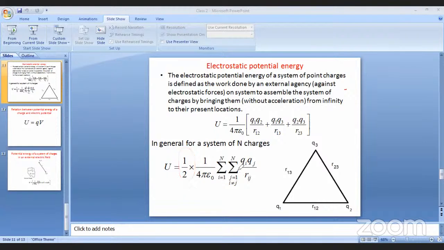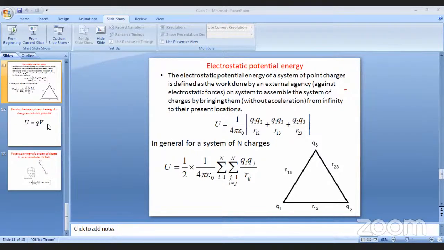Inside the summation you have Qi Qj by Rij. That is the general form, and this is the potential energy for a system of n point charges. All these equations are important for your numerical problem solving.